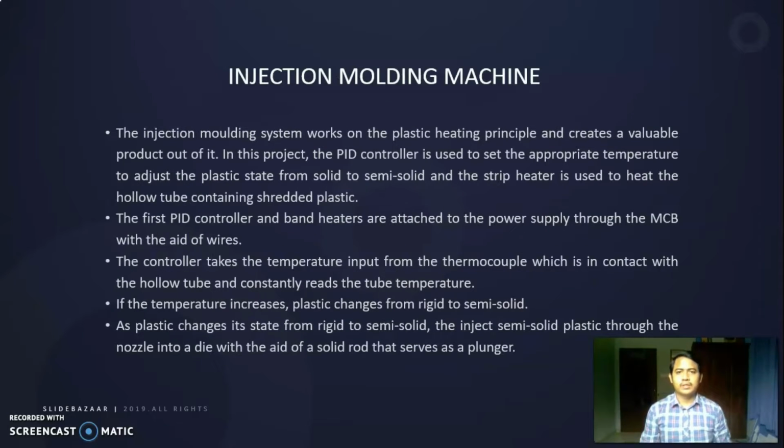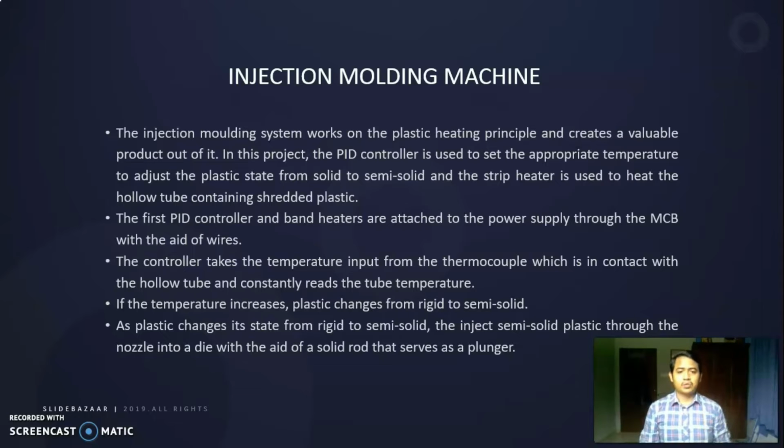So we go for second, which is injection molding machines. The injection molding system works on the plastic heating principle and creates a valuable product out of it. In this project, the PID controller is used to set an appropriate temperature to adjust the plastic state from solid to semi-solid, and the band heater is used to heat the hollow tube containing shredded plastic.